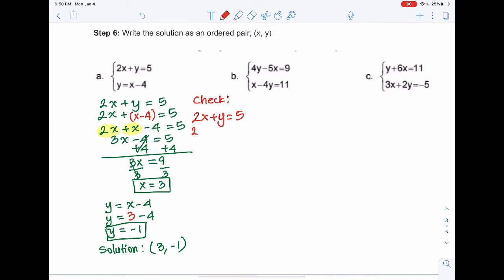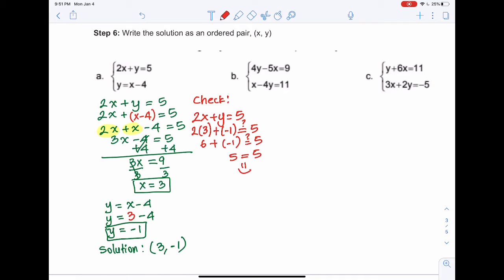So 2 times 3 plus negative 1, is it 5? So 6 plus negative 1, is it 5? Yes, it is. Okay, good job here.